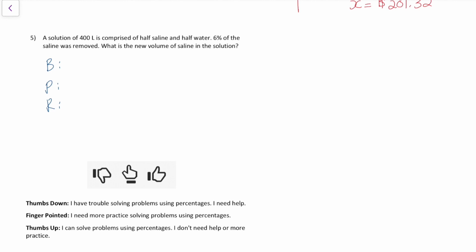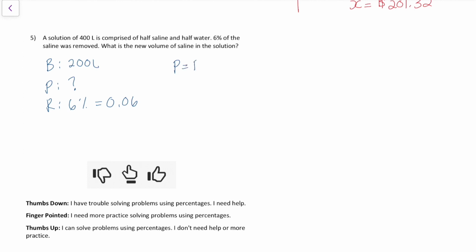So we're looking at the new volume, so we're looking for portion here. Is my base 400? No, because that is both saline and water. So that means my original volume of saline was 200 liters. My rate depends on whether I want to go right to the final answer or not. So if we want to first figure out what 6% is, then we can put our rate as 6% and put that into a decimal.